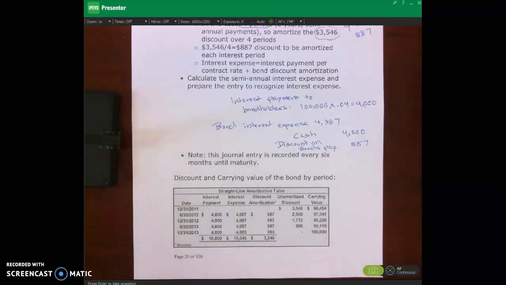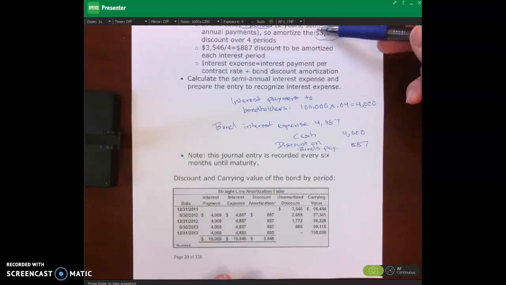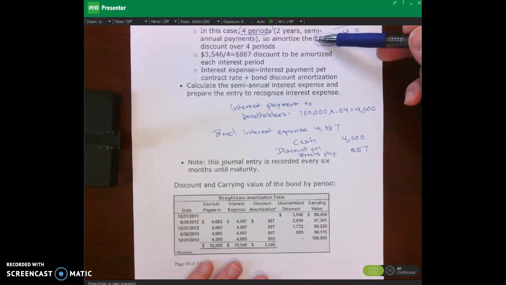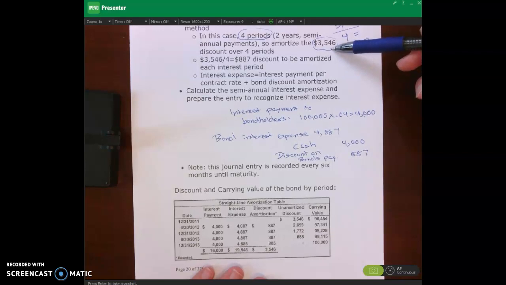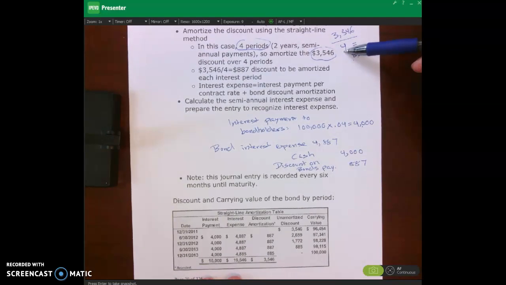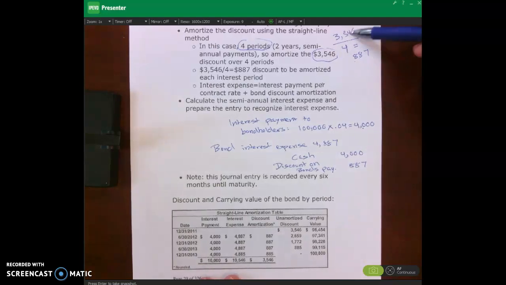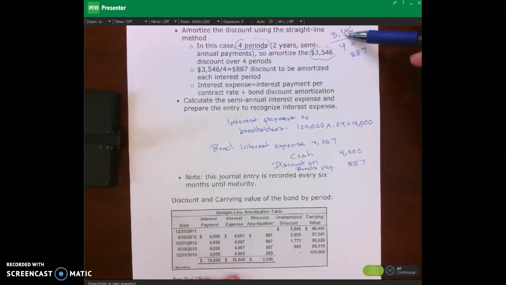Okay, so in the last lecture video, we talked about how to calculate the bond interest discount that's going to be amortized, but we took the total amount of the discount divided by the total amount of payments for the bond that I'm going to make. That gave us 887. Recall, you can think of this as additional interest, because remember, you get 96,454.